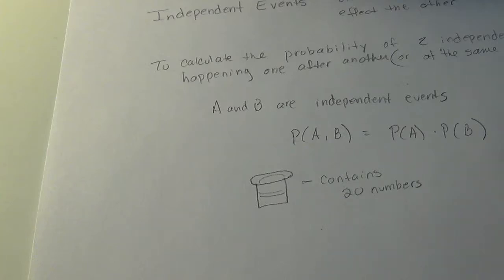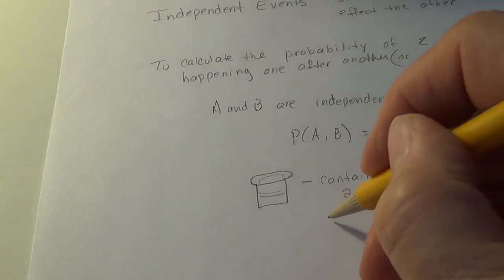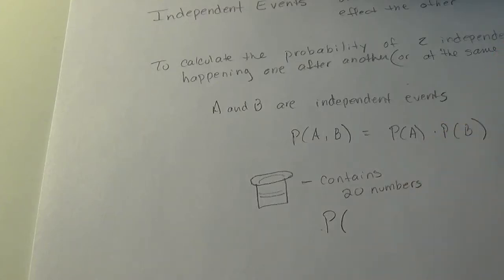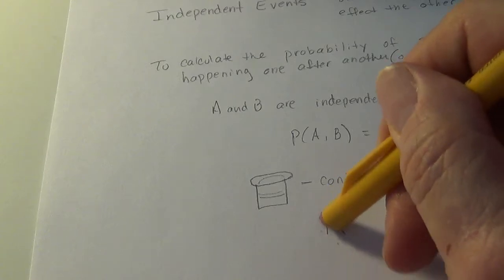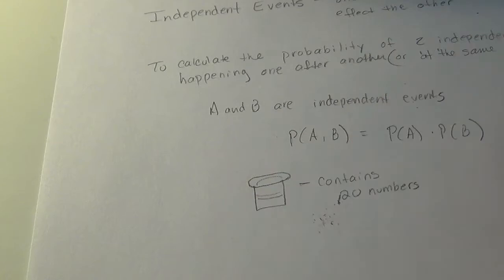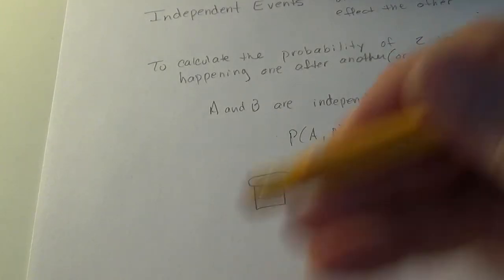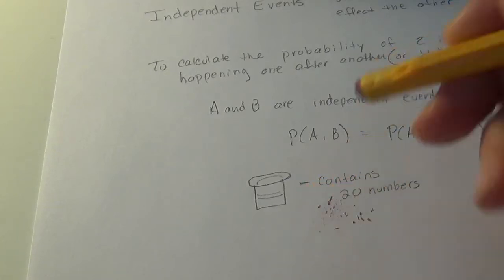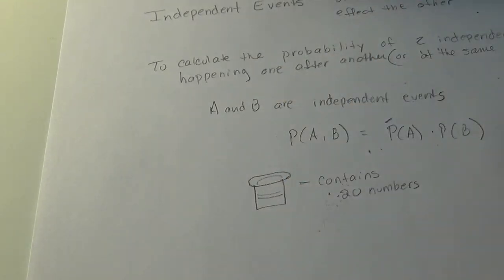What's the probability, if I draw from the hat, that 3 draws are less than or equal to 5? Each time I draw a number, I toss it back in the hat. So what's the probability that each of those 3 numbers is less than or equal to 5?